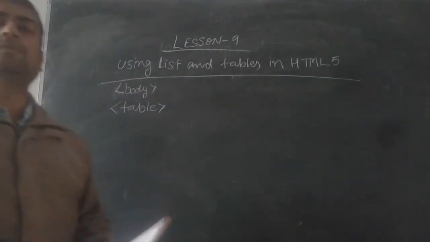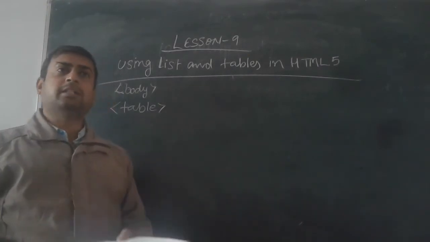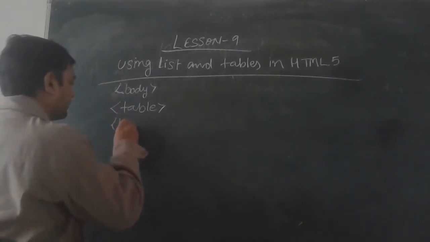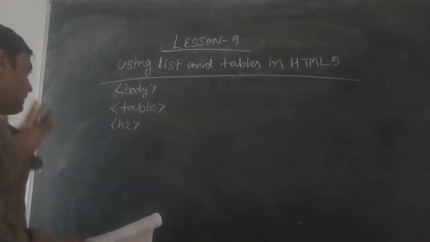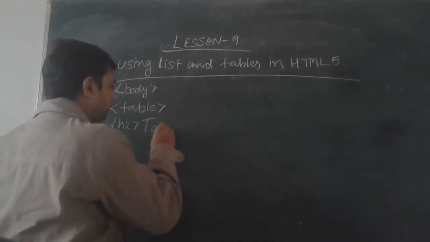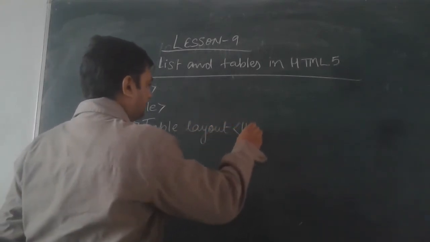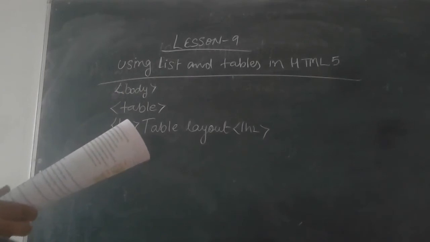The properties which you have applied above will come here with the table tag and will be applied to the table. Now H2 is the heading size, and it will display the heading in a certain size. In H2 you can see table layout. This is the H2 heading size, and it will be displayed according to the size.